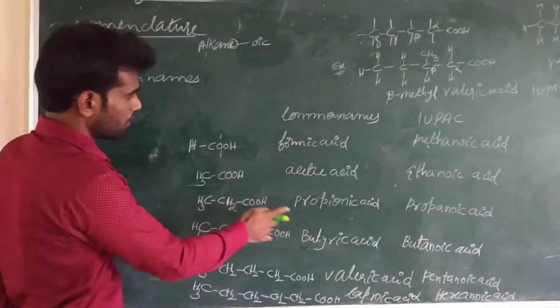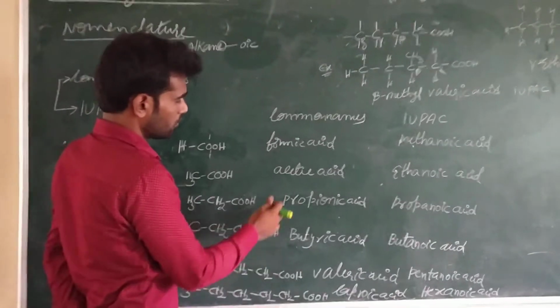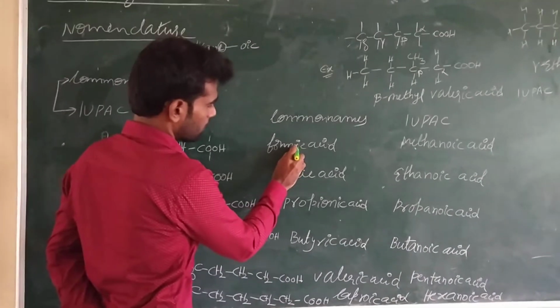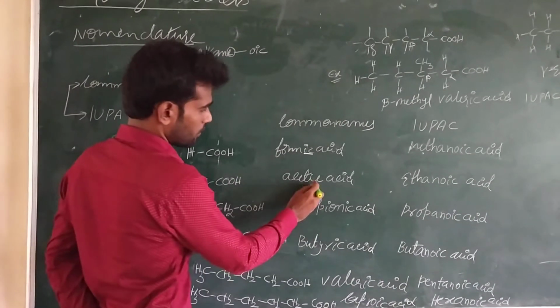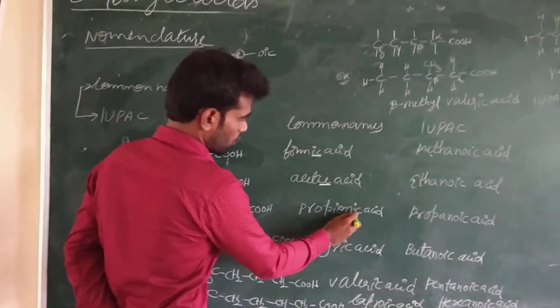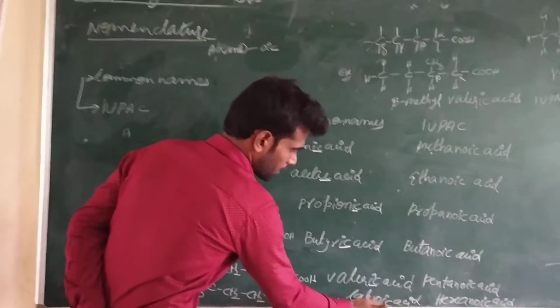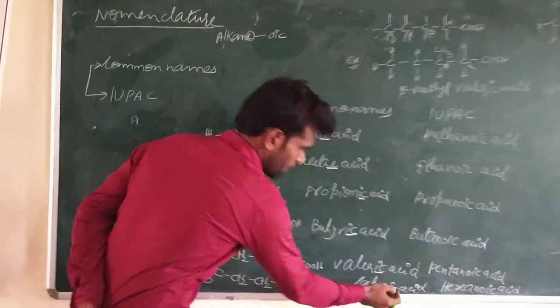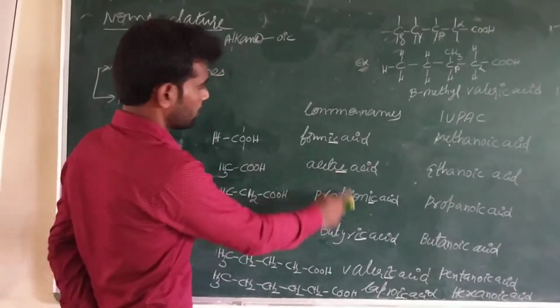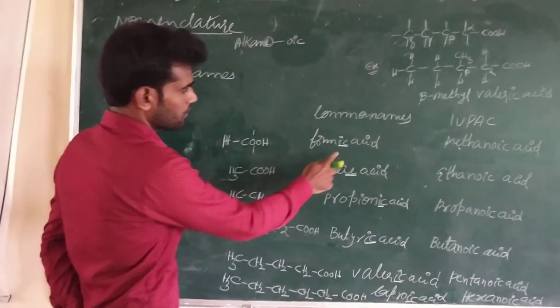And if you observe the names of these compounds, propionic, acetic, butyric, valeric and caproic, their common names have the suffix IC.